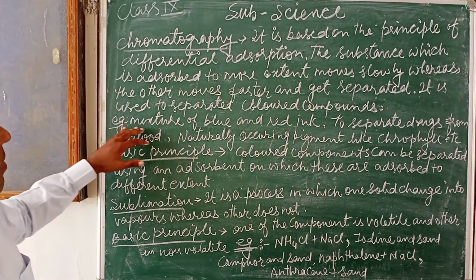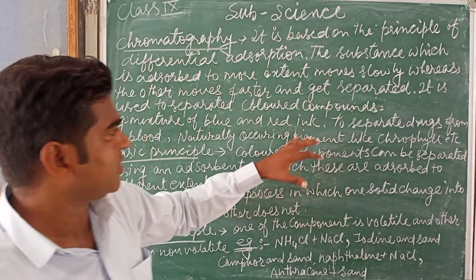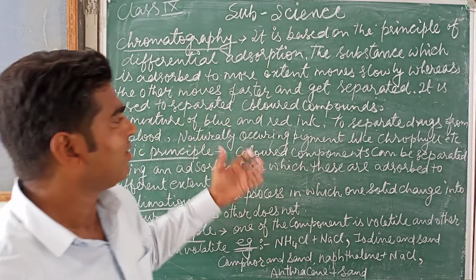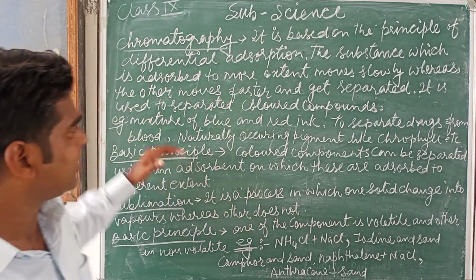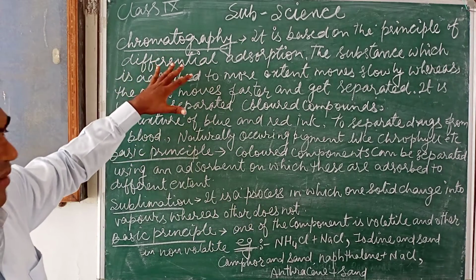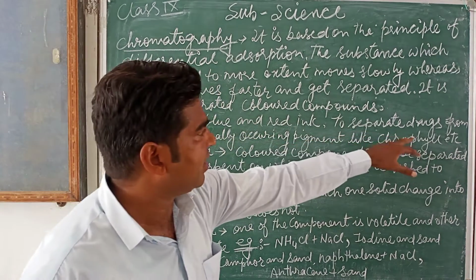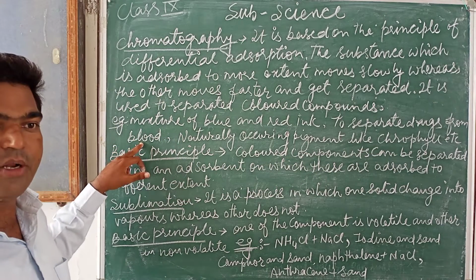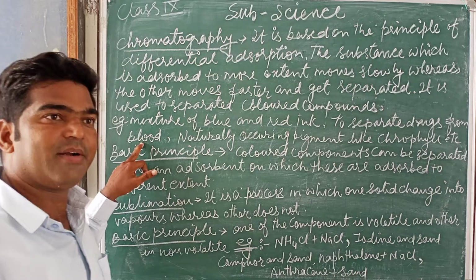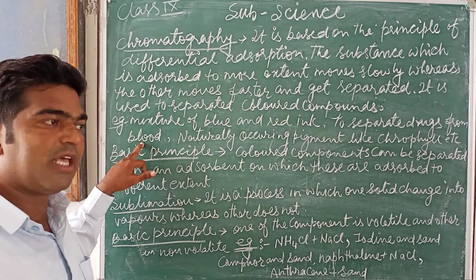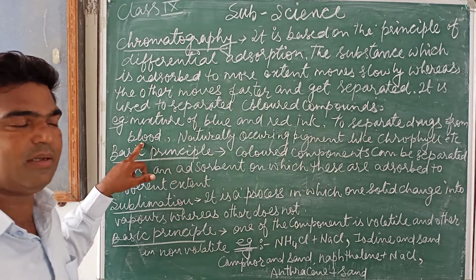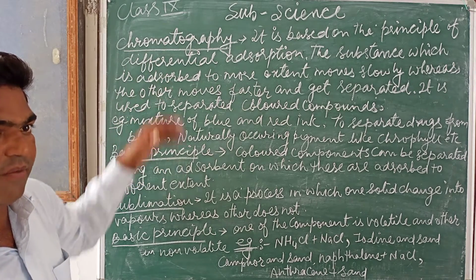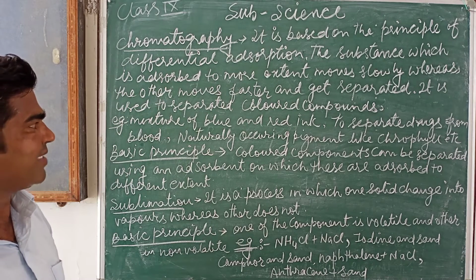For example, a mixture of blue and red ink. Suppose the ink is given and we want to find the blue dye or the red dye. This can be separated by chromatography. To separate drugs from the blood, if a person is taking different drugs and we want to separate them from the blood, we take a sample of blood, apply this chromatography method, and we can separate it.